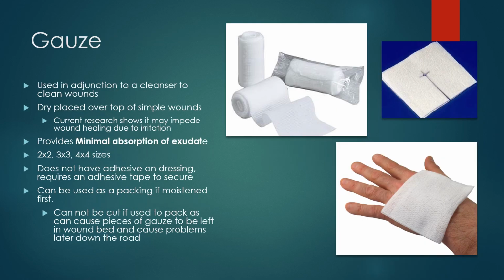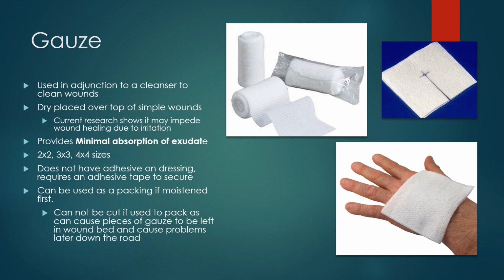The first specific type of dressing we're going to talk about is probably the most common, which is gauze. Gauze is typically used in conjunction with a cleanser to clean wounds, but it can also be used as a dressing. Historically, gauze was our go-to dressing type, but it is no longer our standard run-of-the-mill dressing.